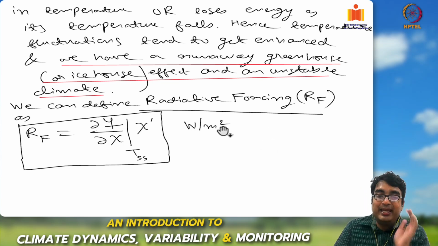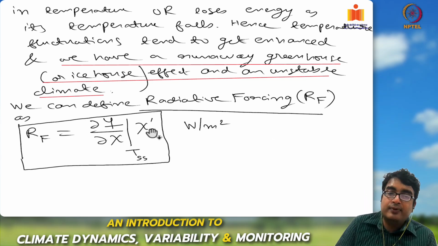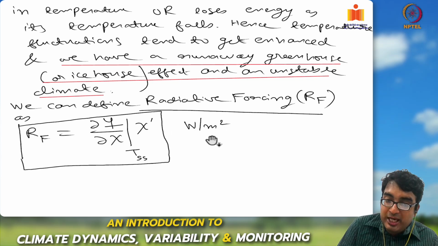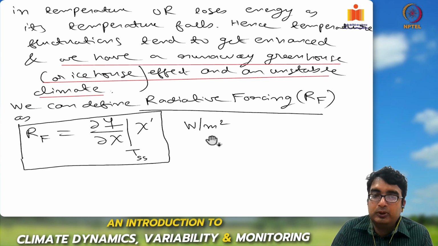So here this entire term times X prime is considered radiative forcing, and its unit is watt per meter square. Okay. That is the change in the net incoming radiation flux with respect to greenhouse gas concentration multiplied by the perturbation in the greenhouse gas concentration.